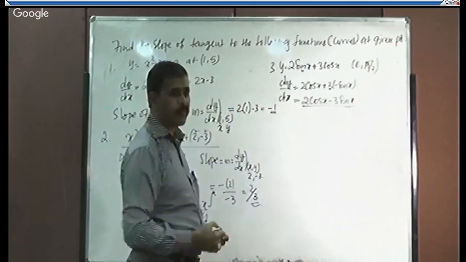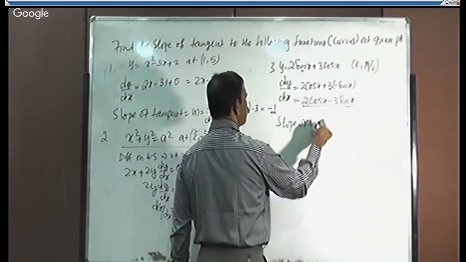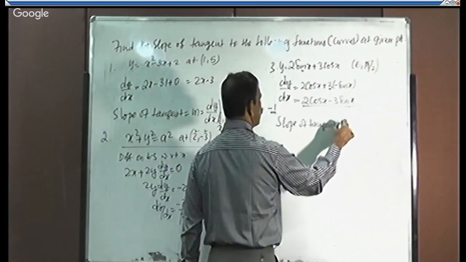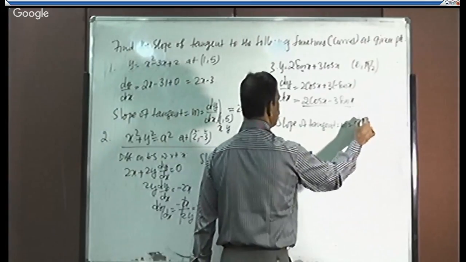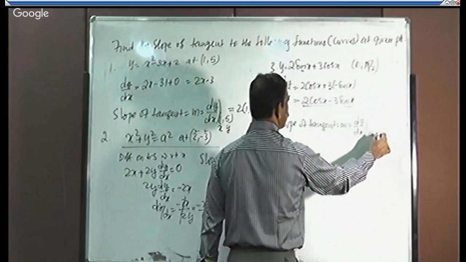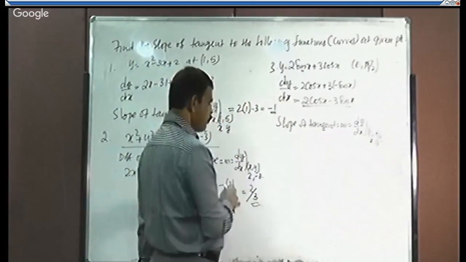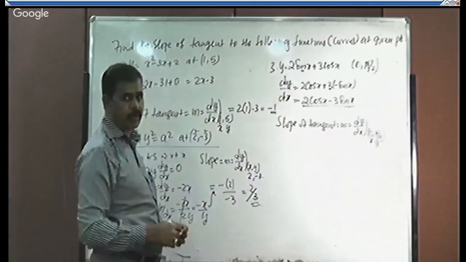What is the slope of tangent? Slope of tangent is equal to dy by dx at a given point. What is the given point? 0 comma 5 by 2. This is x, this is y. We should always take the first value as x and the second as y.